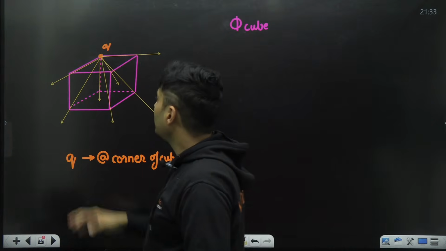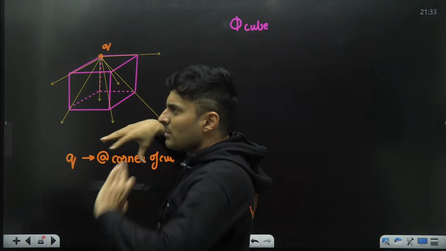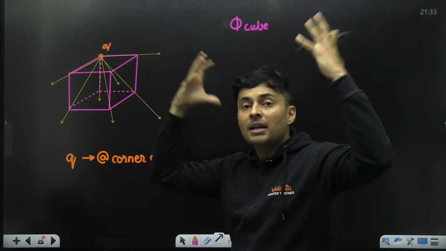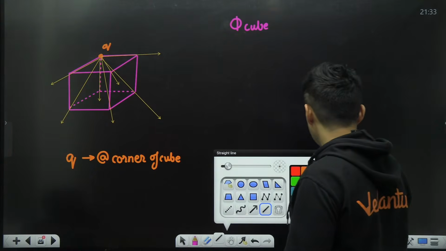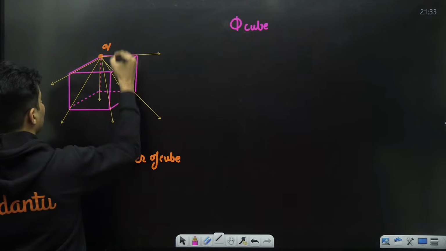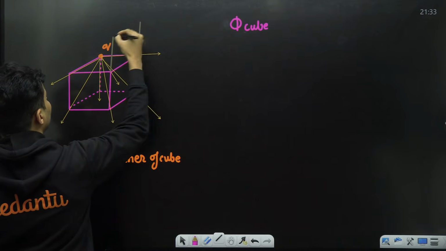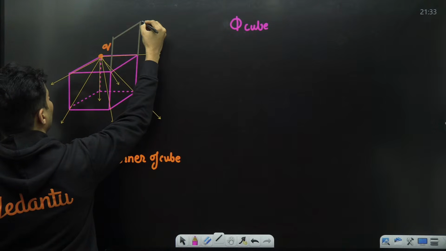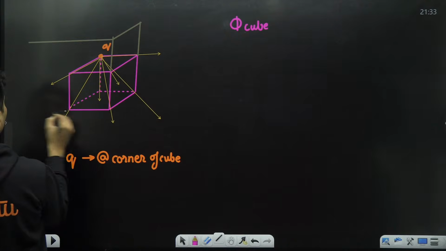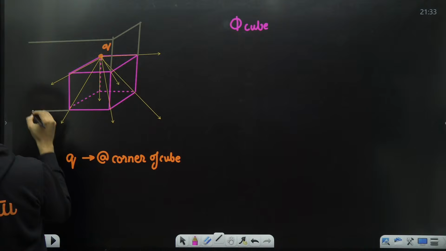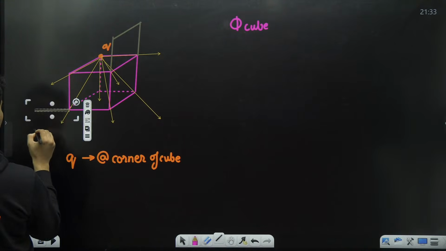Now think logically. How much flux might be going through this cube can be calculated by imagining another bigger cube over here, such that this charge becomes the center of that big cube. Yes, this charge should become the center of this particular big cube. Let's do that. Imagine it like this.